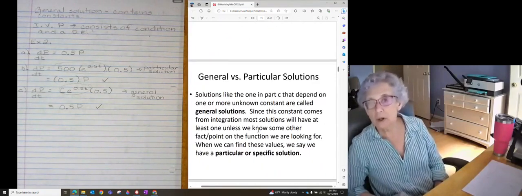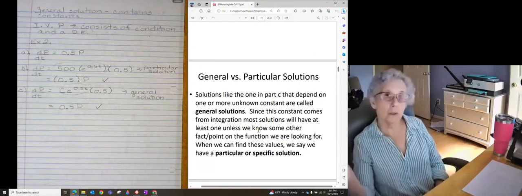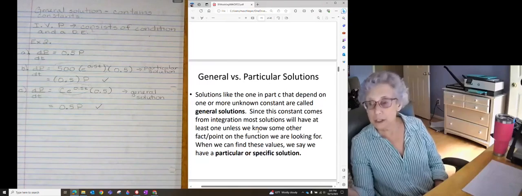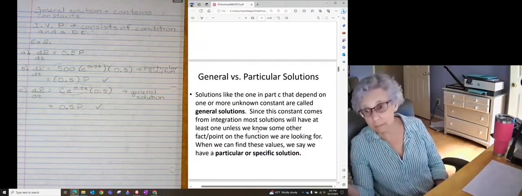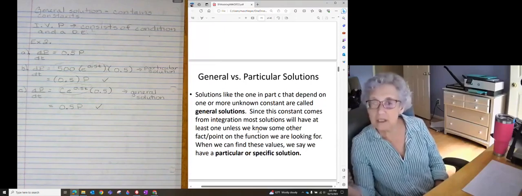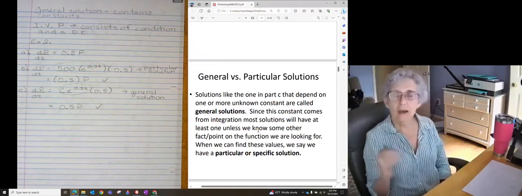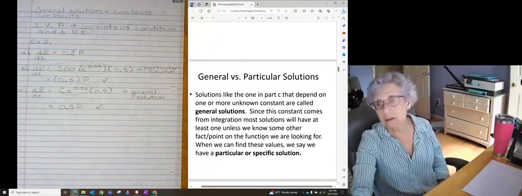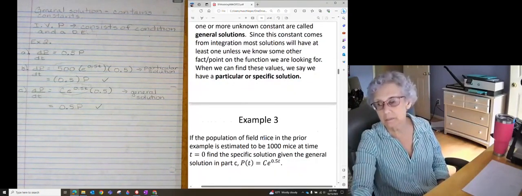Solutions like the one in part C that depend on one or more constants are called general solutions. Since the constant comes from integration, most solutions will have at least one. And then we have to have something else that we know that helps us to come up with our particular or specific solution.